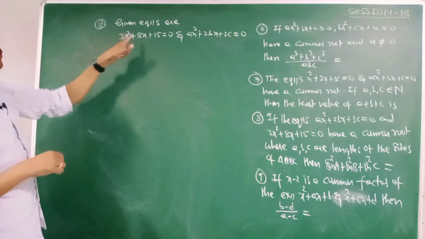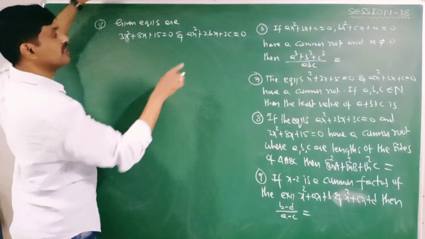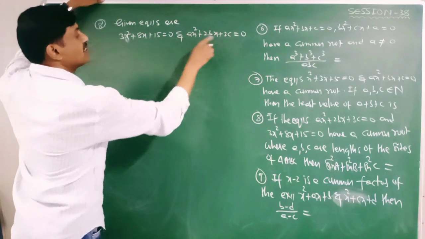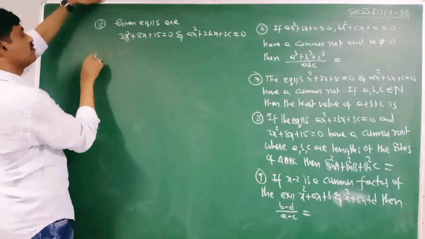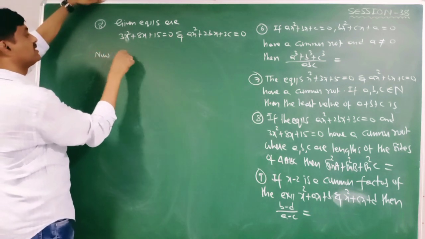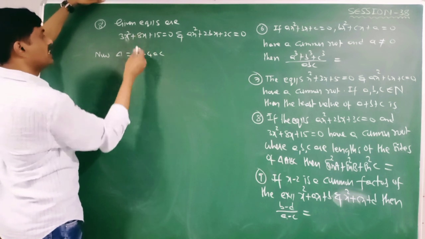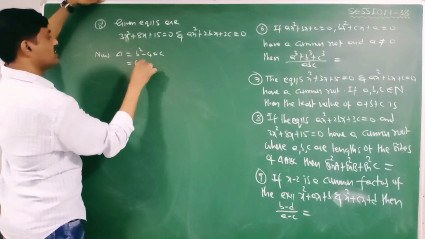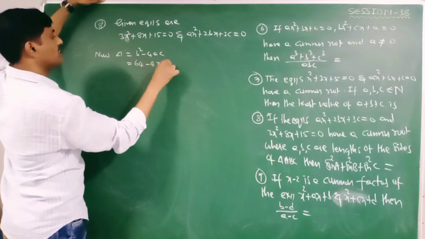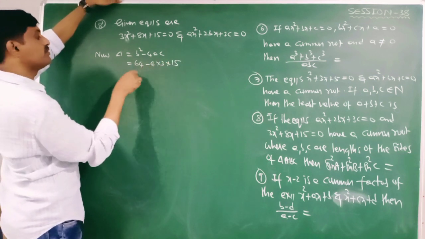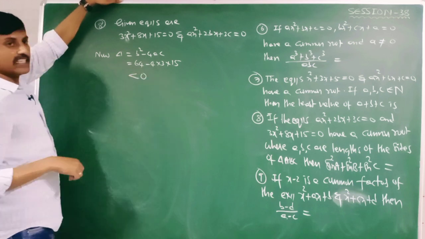Now these two quadratic equations have a common root. One of the quadratic equations has unknown quantities; here we have known quantities. Now find delta for this. Delta is b square minus 4ac. What is b? 8, so this is 64 minus 4 into 3 into 15, which is 12 into 15. Clearly it is less than 0.